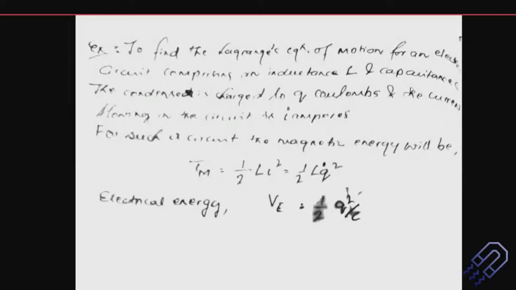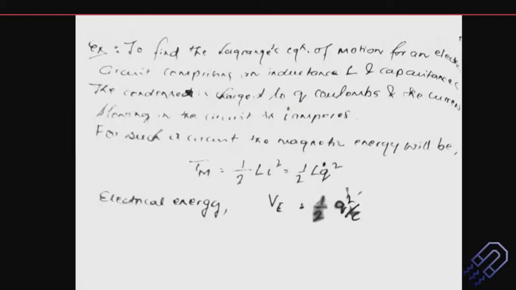But then we are trying to find out which is the generalized coordinate here, or which variable actually affects the energy. I think I have given one statement before on what the generalized coordinate can be. It can be position, it can be angle, and now you see it can be charge also.